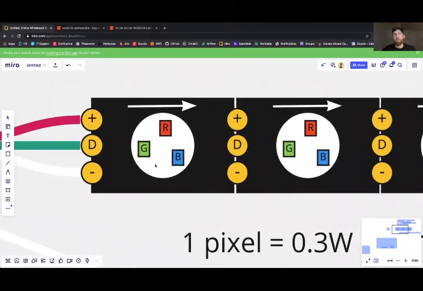How on earth can you create white from red, green, and blue? Well, it turns out that if you combine them together in equivalent quantities, so the same amount of brightness of blue with the same amount of brightness of red with the same amount of brightness of green, you will visually, as the viewer, perceive that as white. The beauty of human sight.